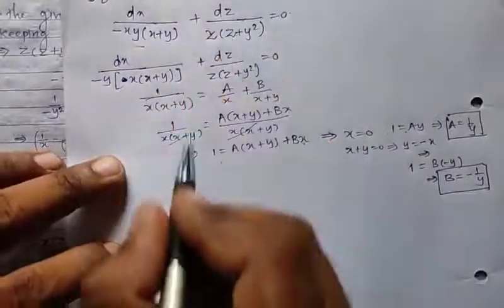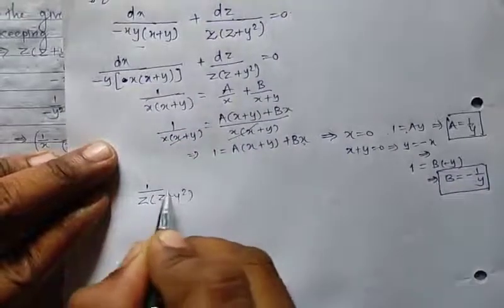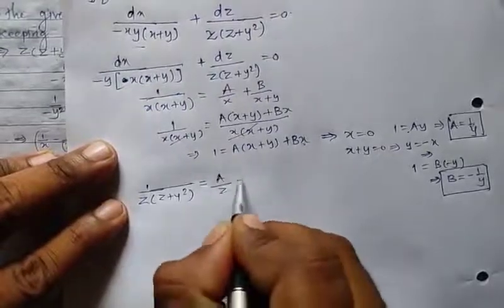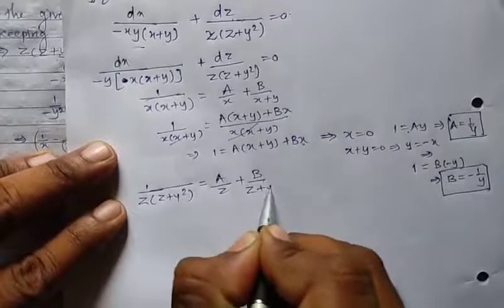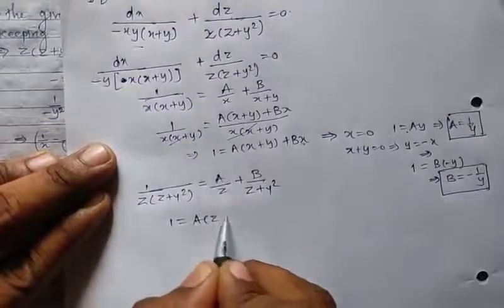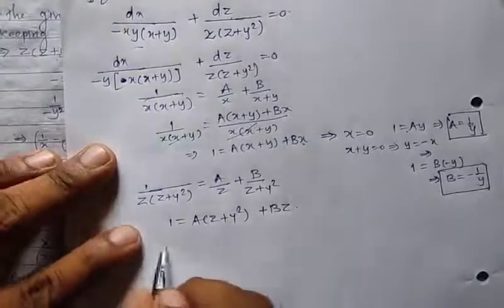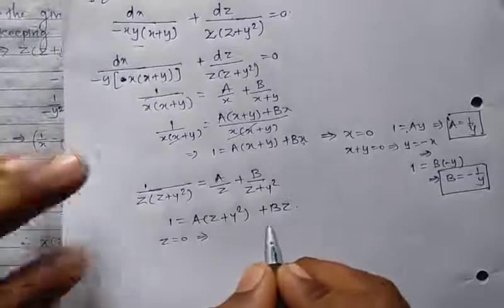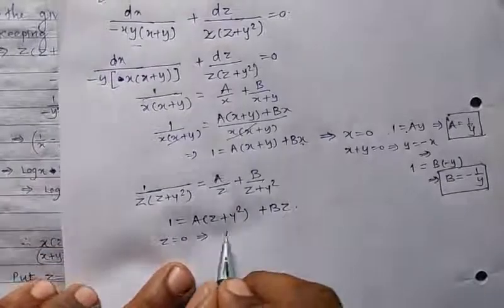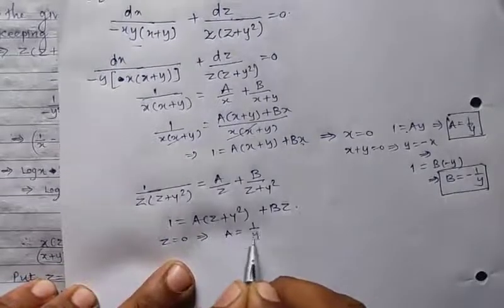Now similarly for the second, we have 1 upon z(z + y²), which can be written as a upon z plus b upon (z + y²), right? So 1 is equal to a(z + y²) + bz. Substituting z equal to 0, a will be 1 upon y².